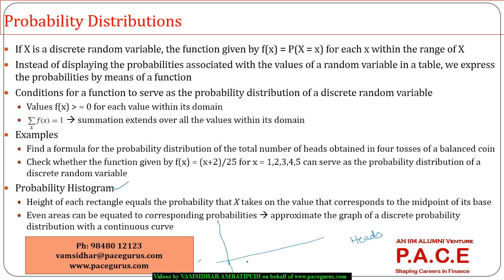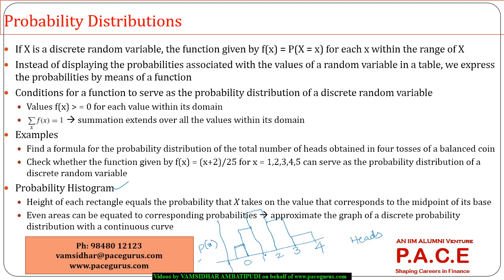There is a possibility of 0 heads, 1 head, 2 heads, 3 heads, 4 heads. And here I'll take the probabilities. For 0 heads, it is 1 by 16. For 1 head, it is 4 by 16. For 2 heads, it is 6 by 16. For 3 heads, again, it is 4 by 16. And for 4 heads, it's 1 by 16.